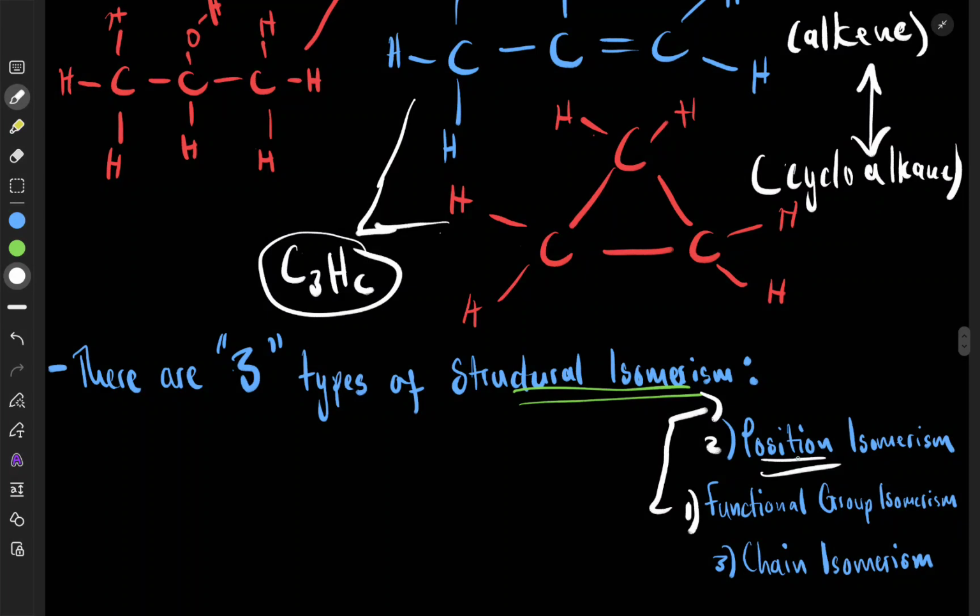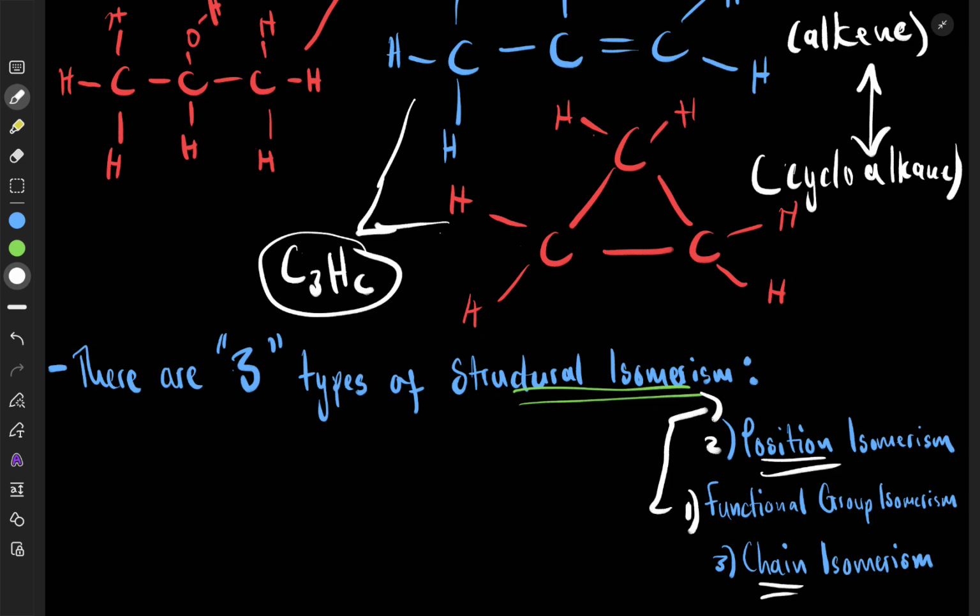Then another one is position. So for position and chain, there will be structural isomers. In other words, they will be having different structures but the same molecular formula. But they will be of the very same functional group. Like if they're alkanes, they will be both alkanes but having different structures. When we say we have position isomerism, the position of your functional group is the one that changes.